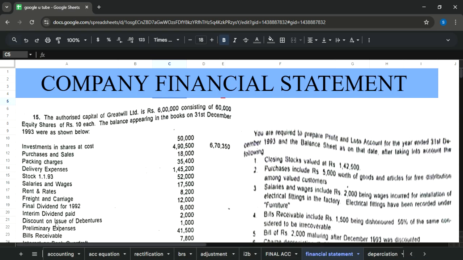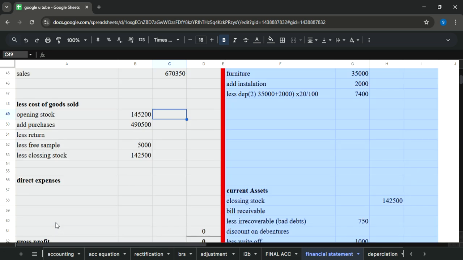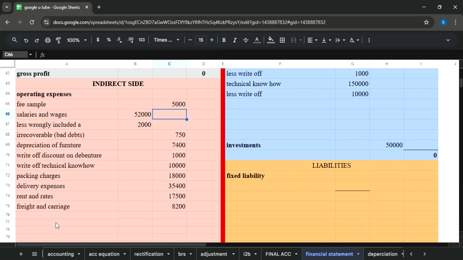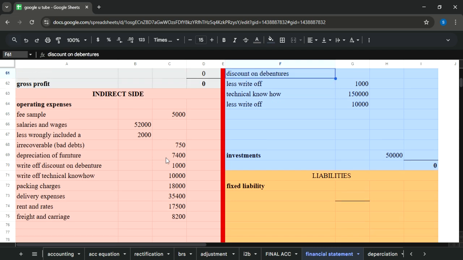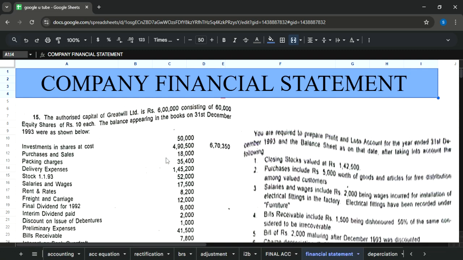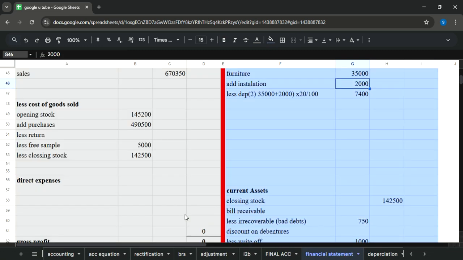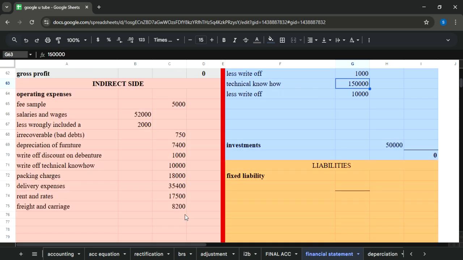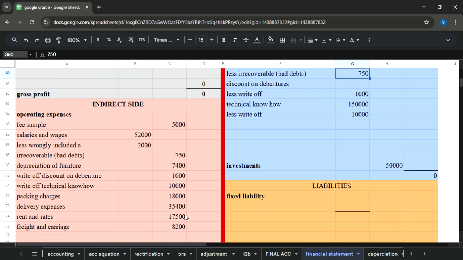Discount on issue of debenture. I think it is already mentioned. Discount, okay. We have written discount on issue of debenture directly over here. This was written off. And let's go over here. This is discount on issue of debenture. Total amount you have seen that it is 2,000. So let's write 2,000 in asset side.